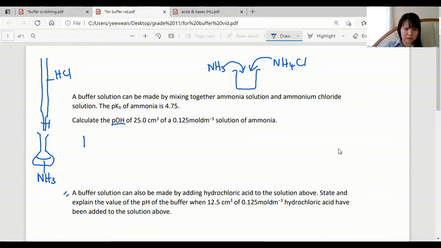So we're just going to use this Kb equals [OH⁻] squared over the concentration. You have the pKb here, so you'll need to calculate the Kb from that.